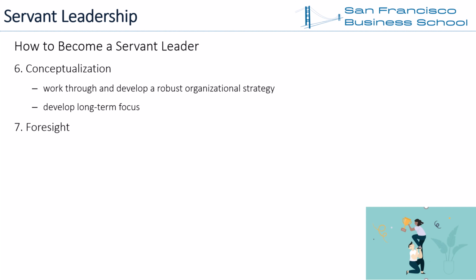7. Foresight. Foresight is when you can predict what's likely to happen in the future by learning from past experiences, identifying what's happening now, and understanding the consequences of your decisions. You can use tools such as SWOT analysis and PEST analysis to think about your current situation and environment, while scenario analysis helps you understand how the future could play out.